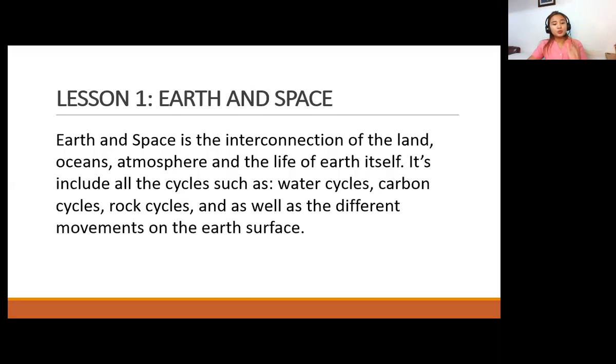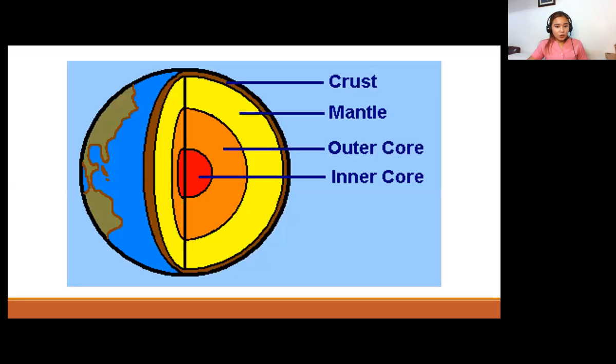But as we proceed with this, let me show you first the layers of the Earth para mas maging malawak pa or magkaroon tayo ng background about this study. Okay. So I have here the picture of the Earth. We have here the inner core, the outer core, the orange one, the red one, inner core, yung pinakagitna niya sa pinakaloob.